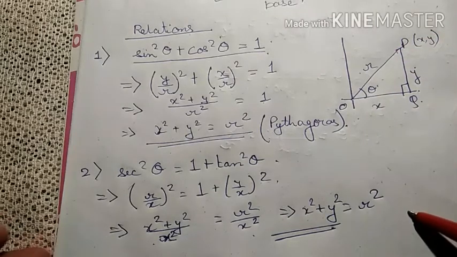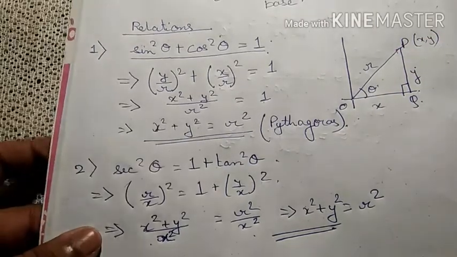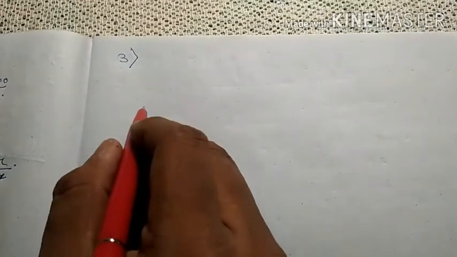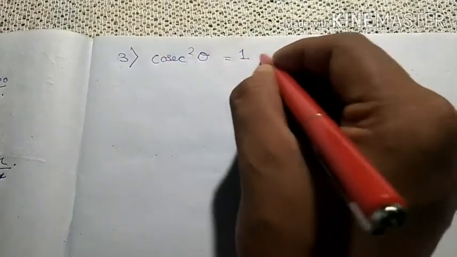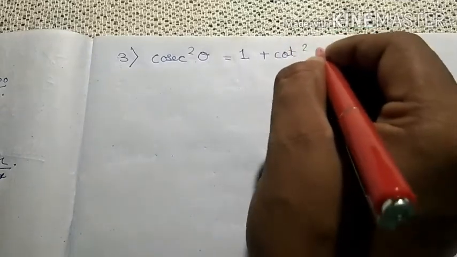Now the third relation is cosec square theta equals 1 plus cot square theta.